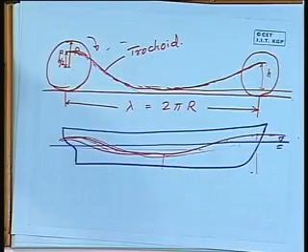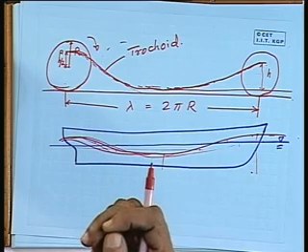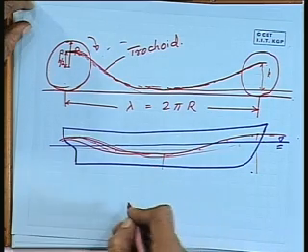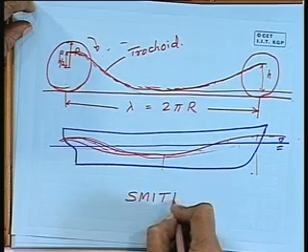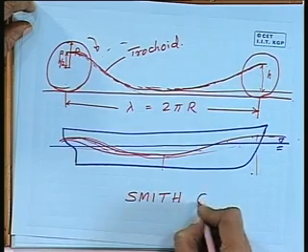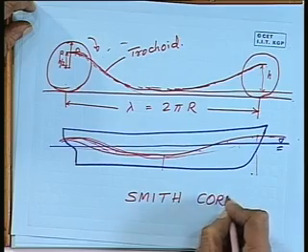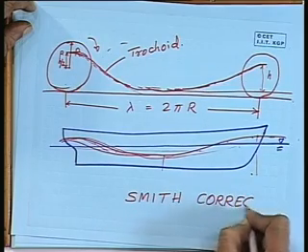Because of that, the pressure under this head will be slightly less than what exactly the static height will give you, and considering the trough, the pressure head will be slightly more. This was first brought out by Mr. Smith, and he proposed a sort of a correction which is named after him, Smith's correction.